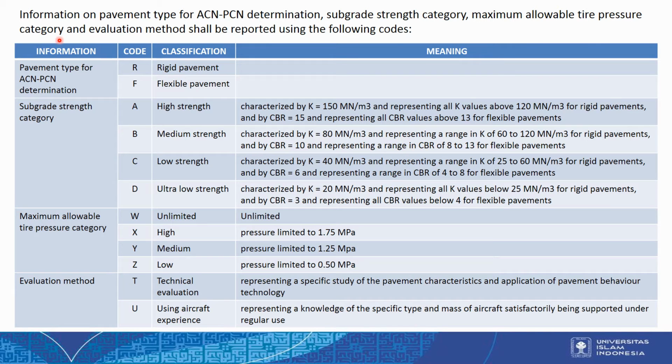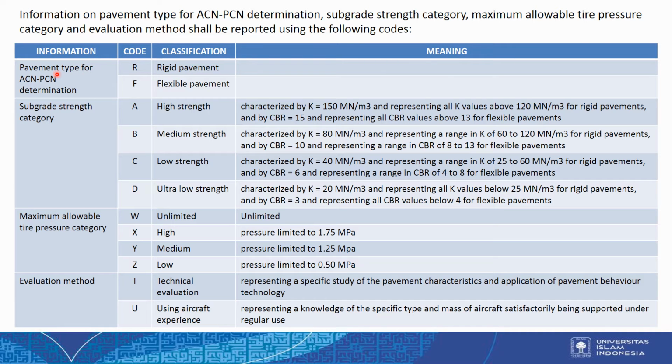The information on pavement type for ACN-PCN determination, subgrade strength category, maximum allowable tire pressure category, and the evaluation method shall be reported using the following codes. So here are the codes for the ACN-PCN code.